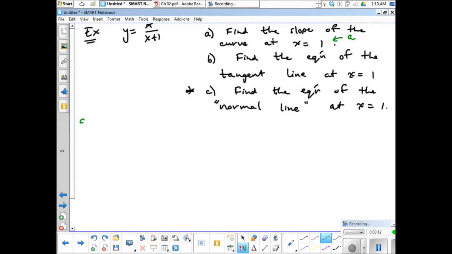So the slope is m equals the limit as h goes to 0 of f of a plus h minus f of a all over h.